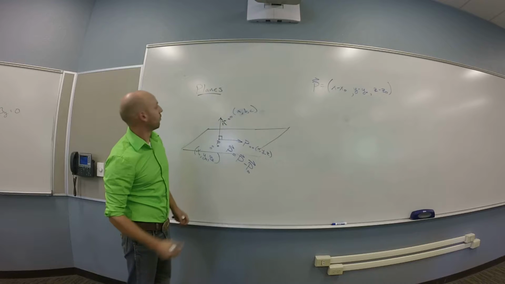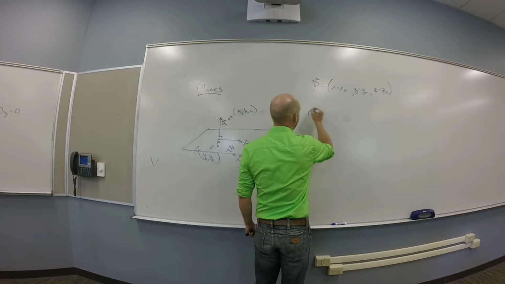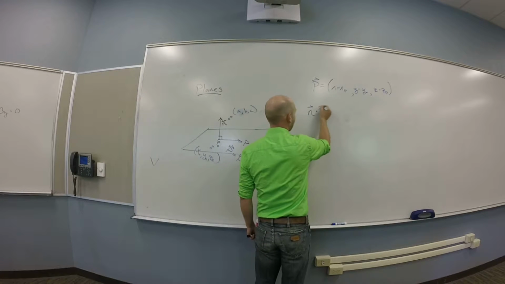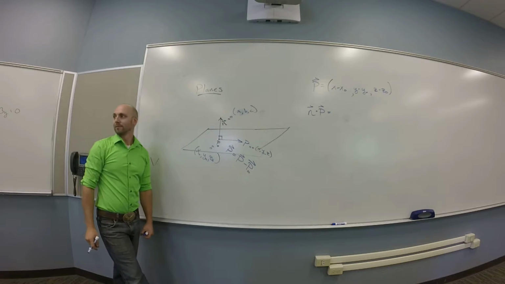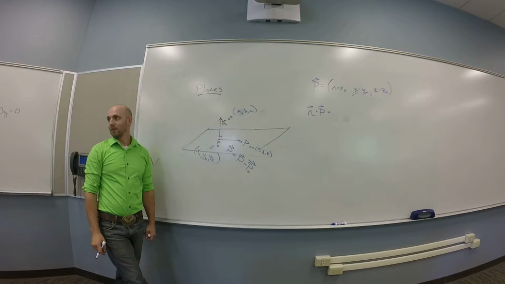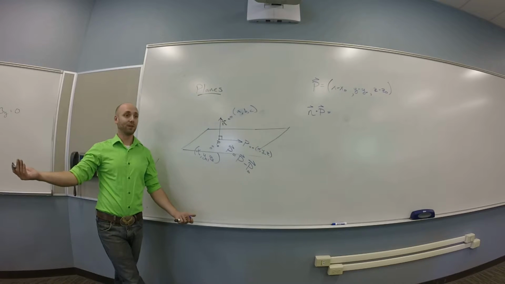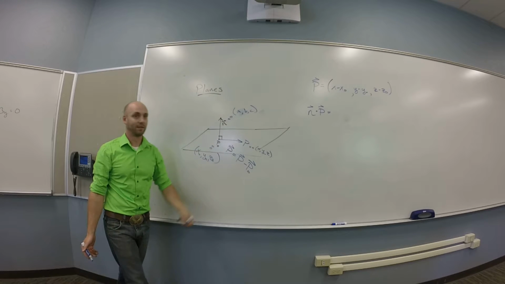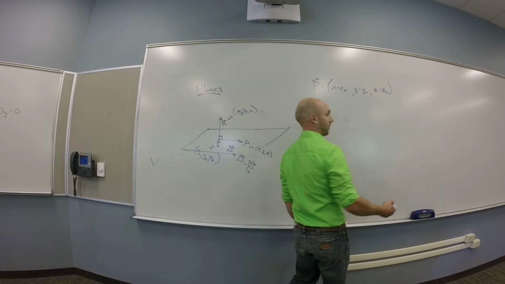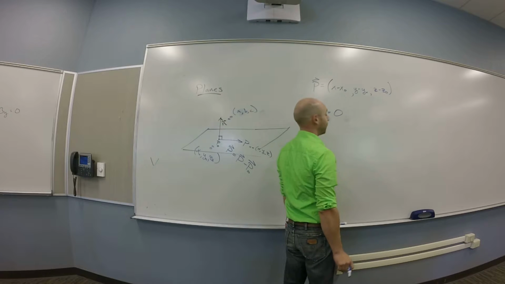Now, what should be special about N dotted with P? It better be 0, because N's perpendicular to the plane and P's in the plane. You guys all with me? So N dotted with P should be 0.